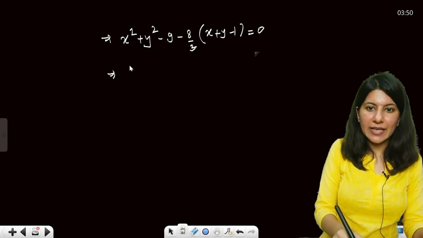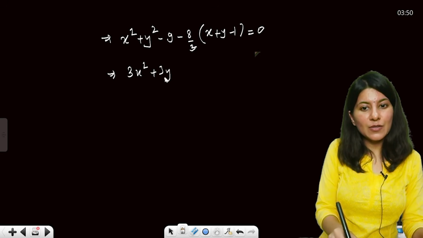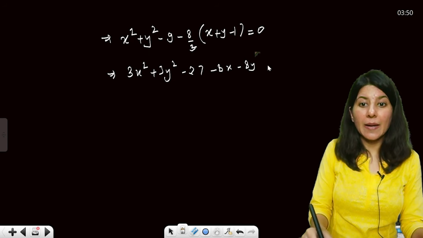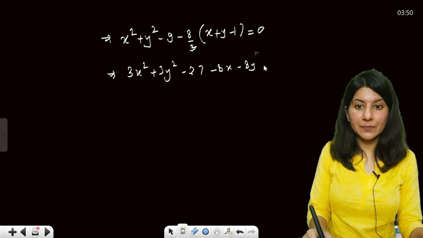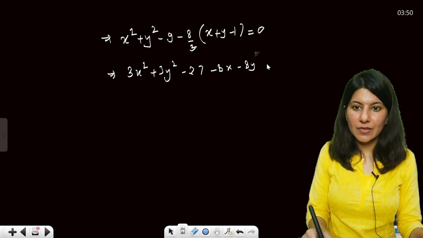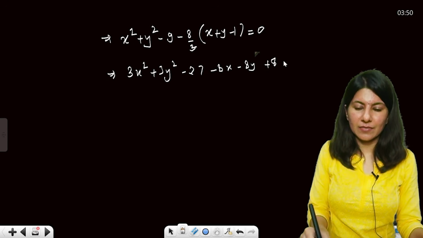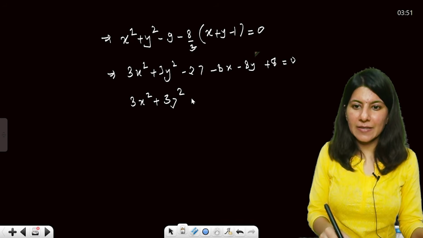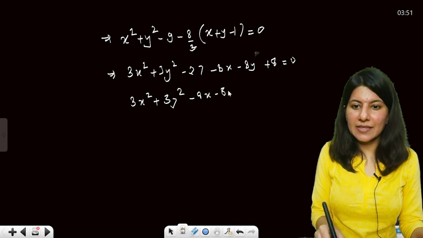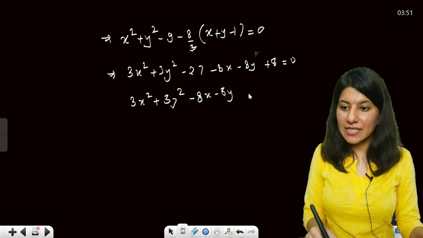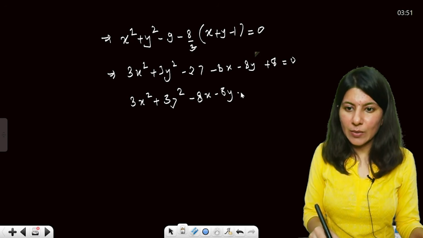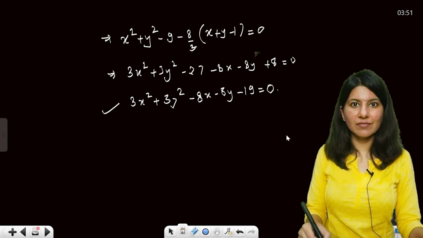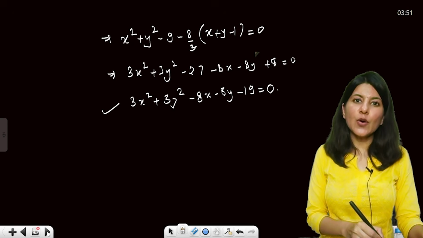Finally, you will get 3x square plus 3y square minus 27 minus 8x minus 8y plus 8 equals 0. So 3x square plus 3y square minus 8x minus 8y, and minus 27 plus 8 gives minus 19, equals 0. Clear? This is how these questions are done.